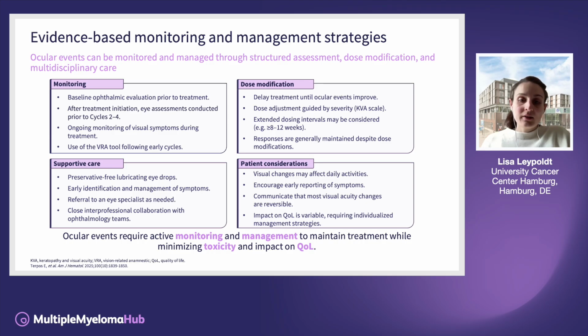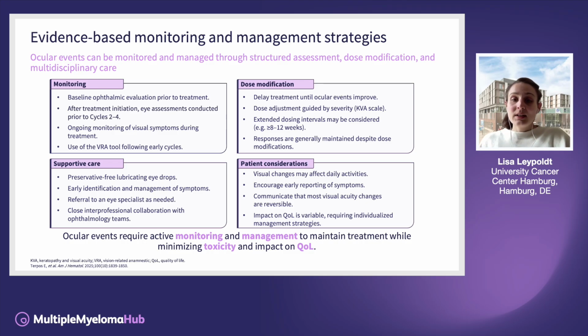And you should really encourage them to report symptoms early, so they do not hold back because they are afraid of dose delays. So it's key to talk about the strategies of dosing delay without compromising efficacy, and therefore encourage them to report any symptoms they may have. That's also what patient considerations are about: encourage early reporting of symptoms.